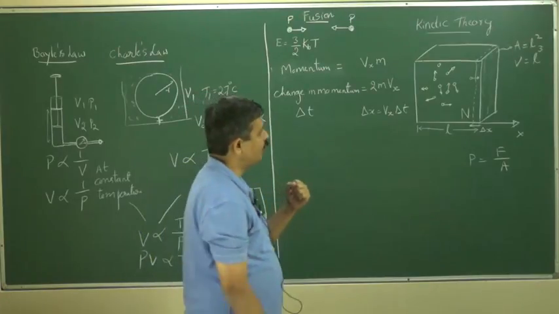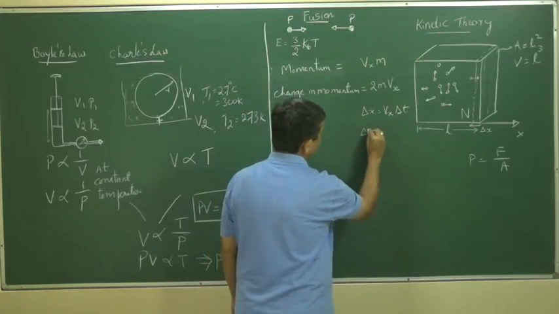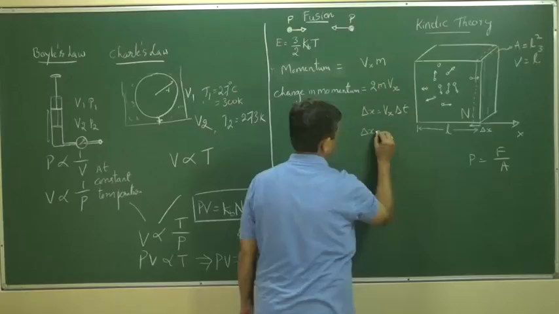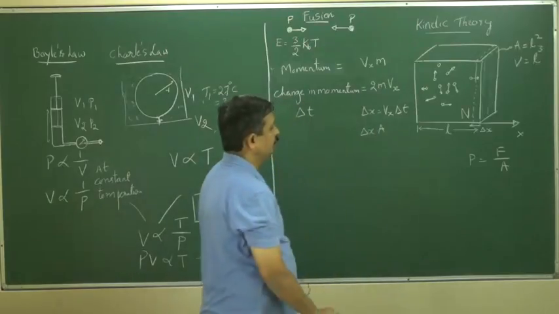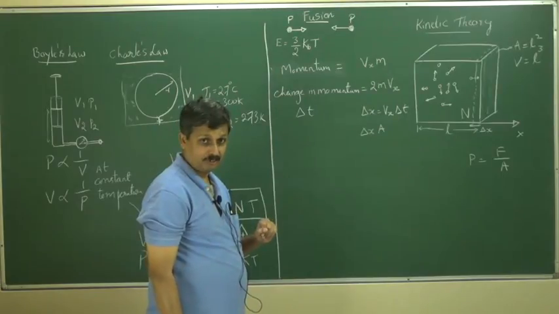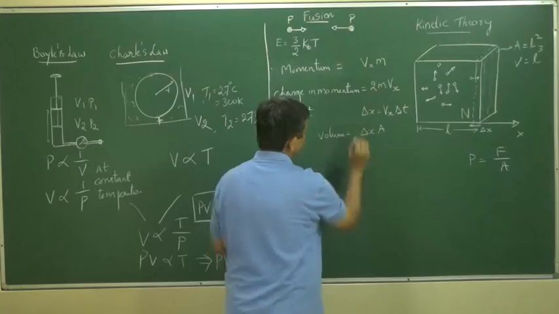So what is the volume in that area? The volume is delta x, that is the length here, and the area A. So the volume is nothing but delta x into A.